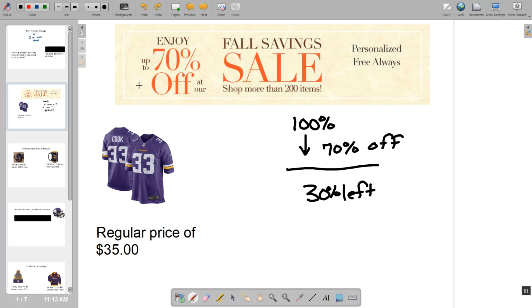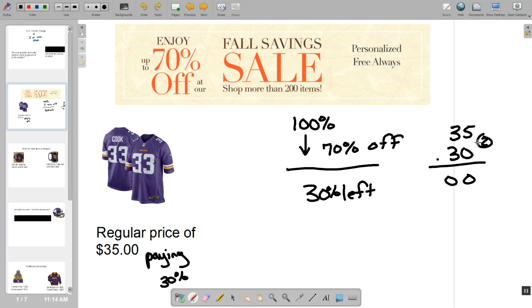So if we think about our original problem where we're doing 70% off the original price, that means we are paying 30% of the original price. So then if we do $35 times 30%, we should end up getting that $10.50 again.